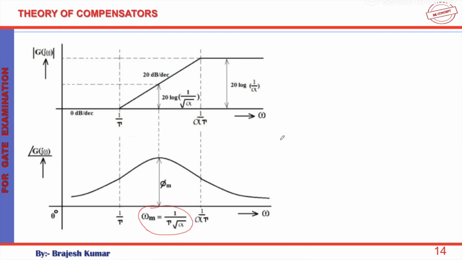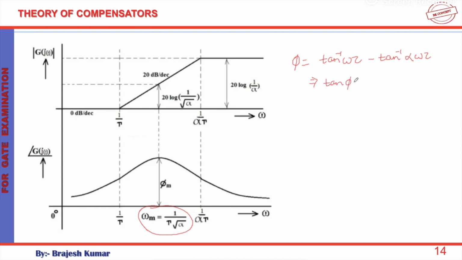But what is the value of phi m? We want to calculate the value of phi m. For that, first recall the original equation of phi. Phi was basically equal to tan inverse omega tau minus tan inverse alpha omega tau. Let us rearrange it, tan inverse A minus tan inverse B, and write it in terms of tan phi.